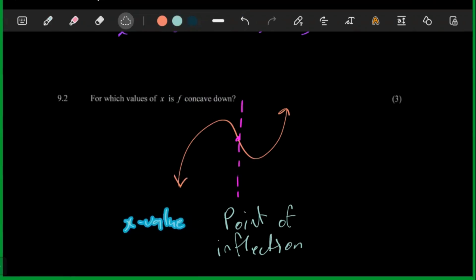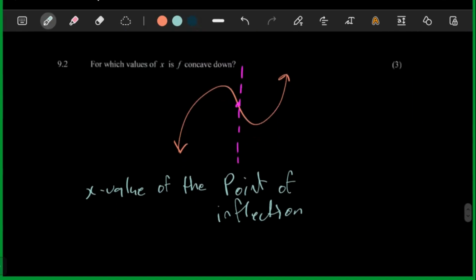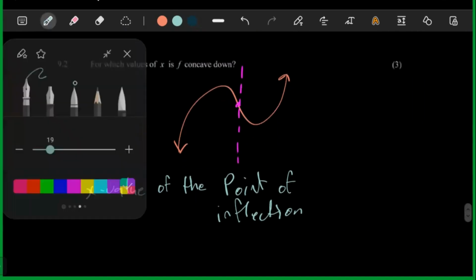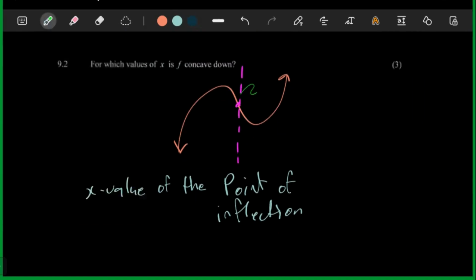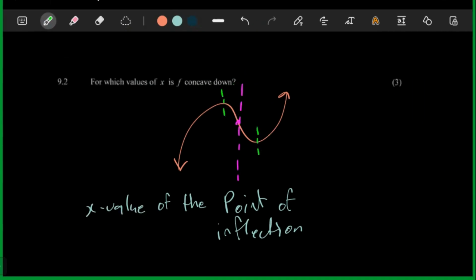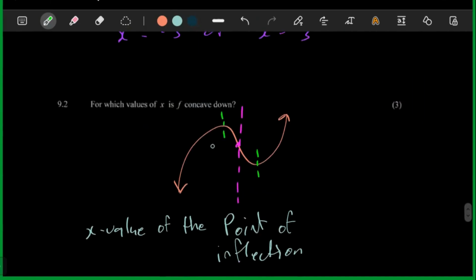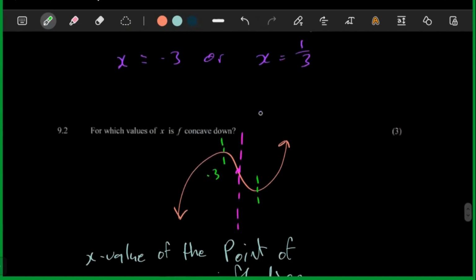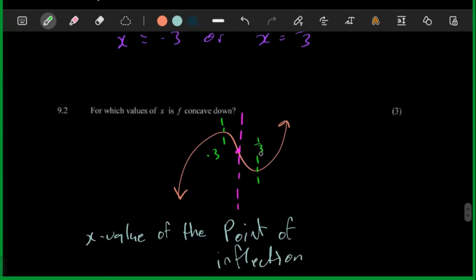That's what this dotted line is. The fortunate thing is the dotted line where you have your point of inflection is actually in between your two turning points, your x values. So here you have -3, and then here you have 1/3. In between -3 and a third, that's where you have the x value of the point of inflection.